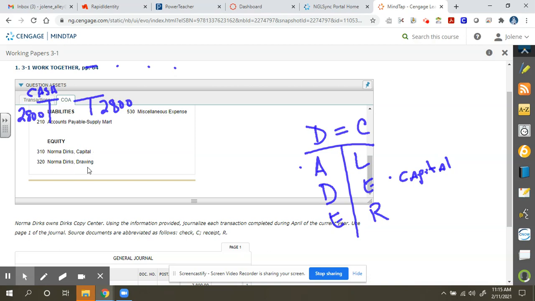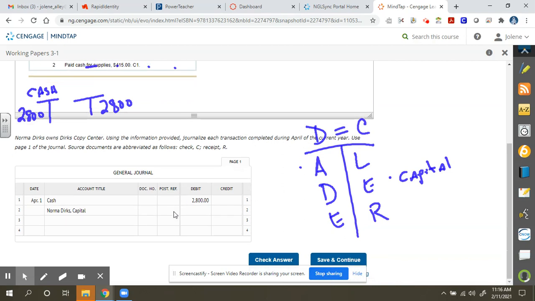Norma Dirks Drawing is when she takes money out of the company for her own personal use. But in this case, she's putting money in, so it's Norma Dirks Capital. That's where I got that from. Equity increases on the credit side, assets increase on the debit side, so my debits equal my credits.